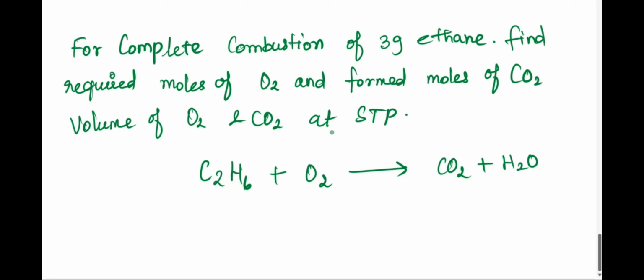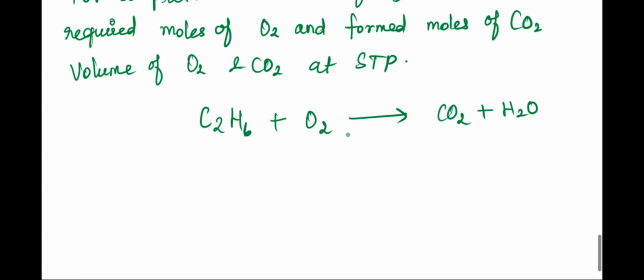I'm leaving it to you to balance this reaction because we don't have much time to cover all these concepts in the crash course. You can also get a shortcut for this combustion reaction; I'll attach the shortcut method with the document. So the balanced reaction is 2C2H6 plus 7O2 gives 4CO2 plus 6H2O.